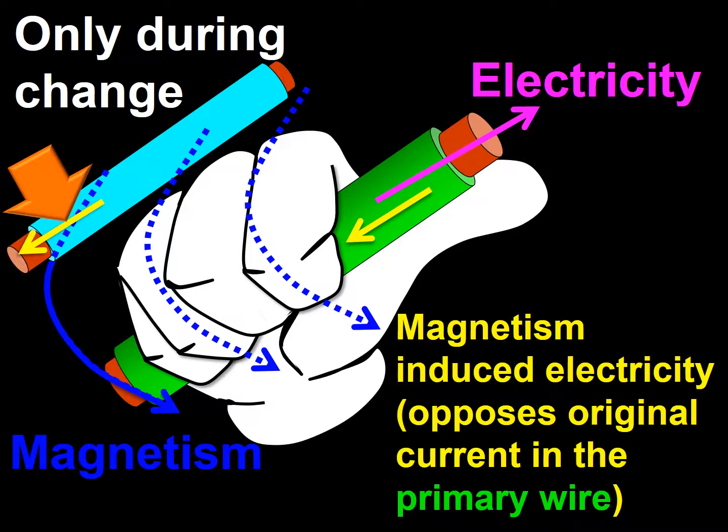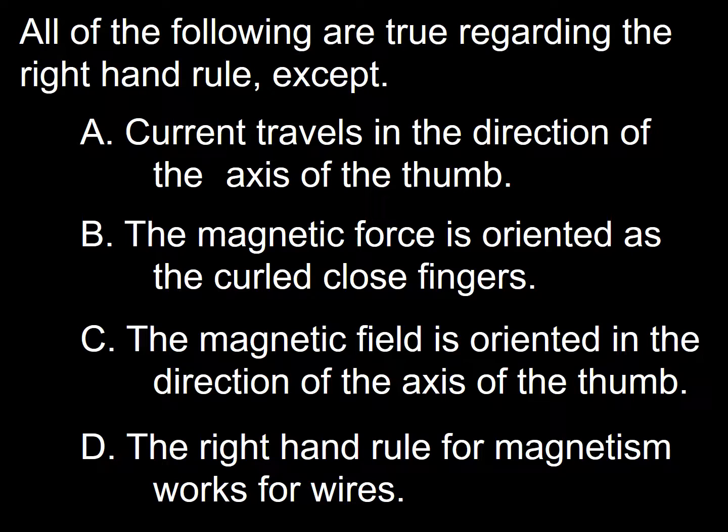One that we have already addressed, and that is when current is changing in the primary wire, and the second situation that will produce an electromotive force will be if the second wire is being moved across the magnetic field of the primary wire. That will occur even if the current is not changing in the primary channel. So the answer to this question is C.